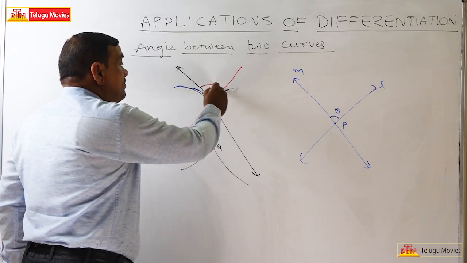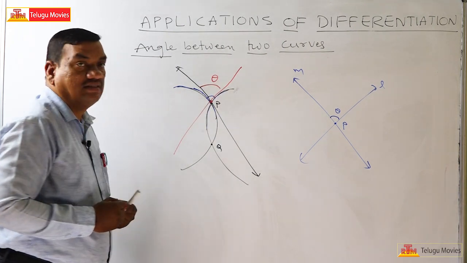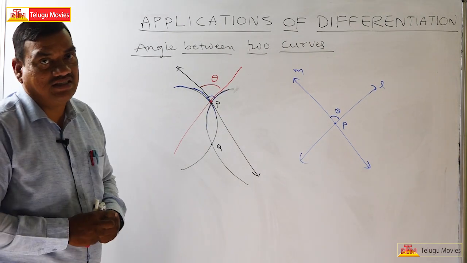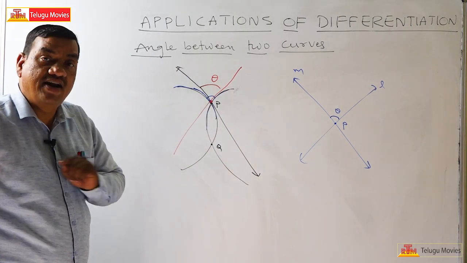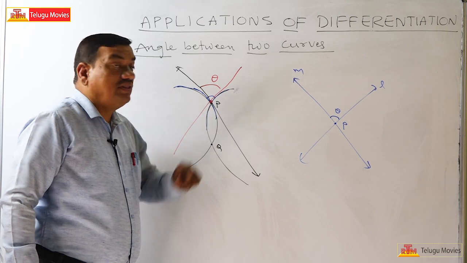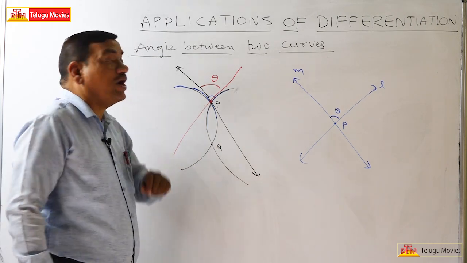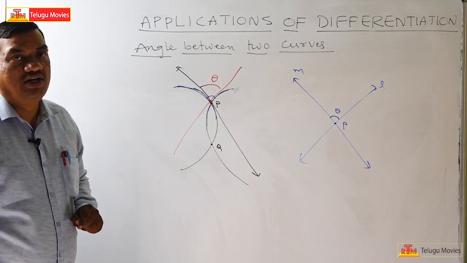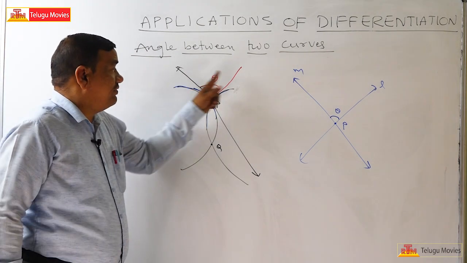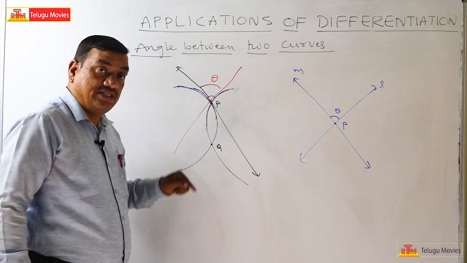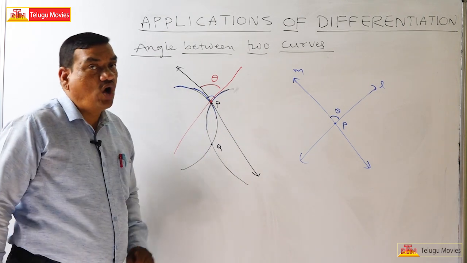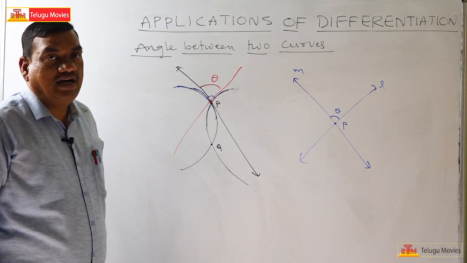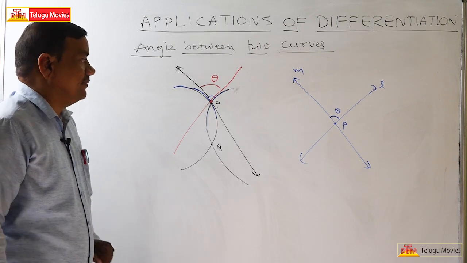Now the angle between these two tangents is defined as the angle between the curves at the point of intersection. Understand? Like that they define.